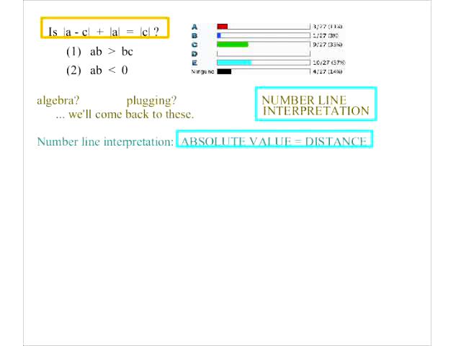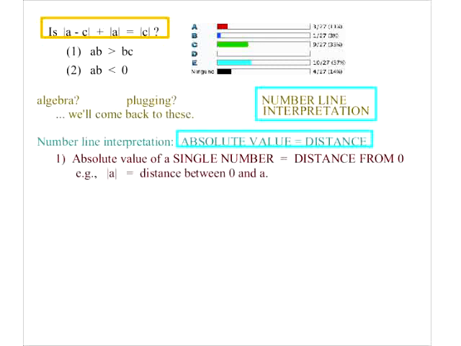The first kind is distance from 0. So if you have absolute value of a single number, that's distance from 0. For instance, if you have absolute value of A, this is the distance between 0 and A.